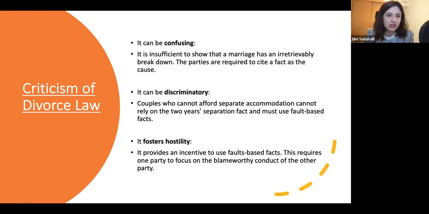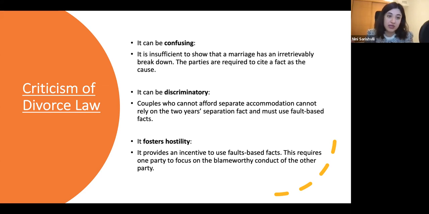It can be quite hard to get all this evidence, especially to prove that the partner has been with another person, that adultery was committed, or any other ground, unreasonable behavior, 2 years desertion. All these grounds can be quite challenging to gather evidence for and show to the court, and to prove that this has actually happened. And so it can be confusing.